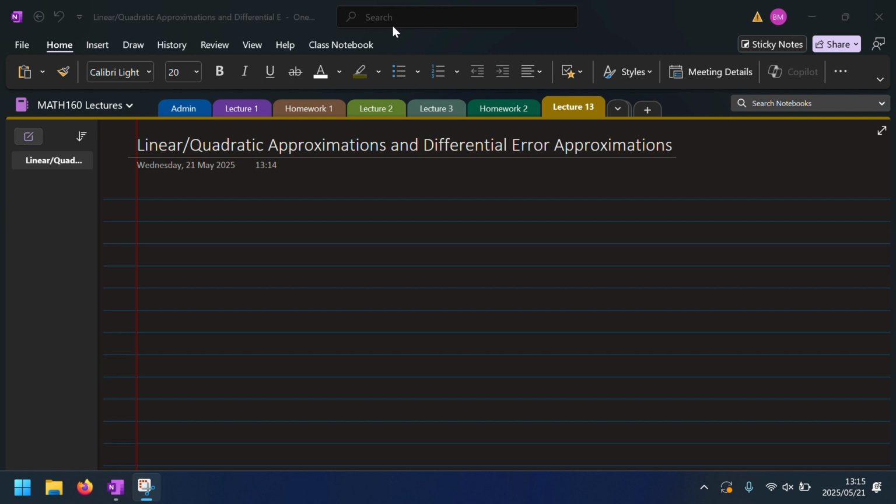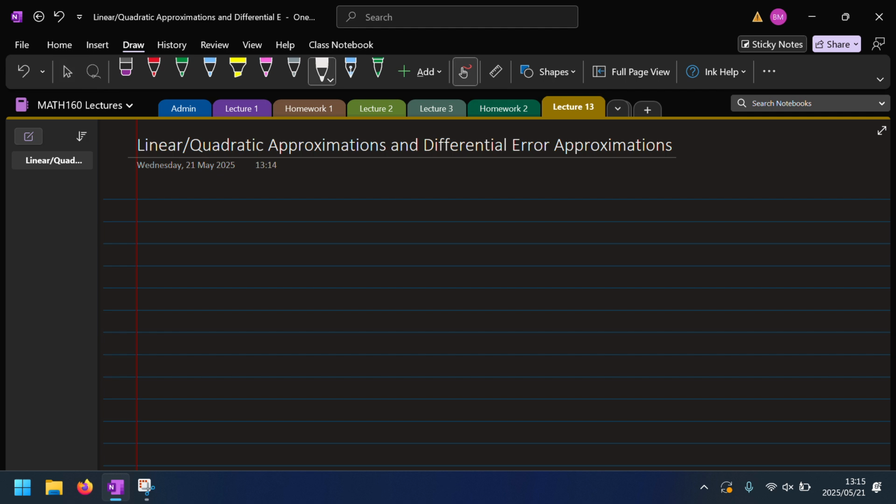Okay, so we're going to continue with our work on approximations. Last time we looked at the Taylor polynomial, or the Taylor approximation.